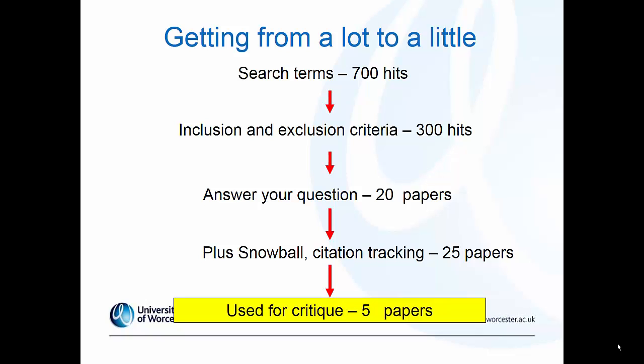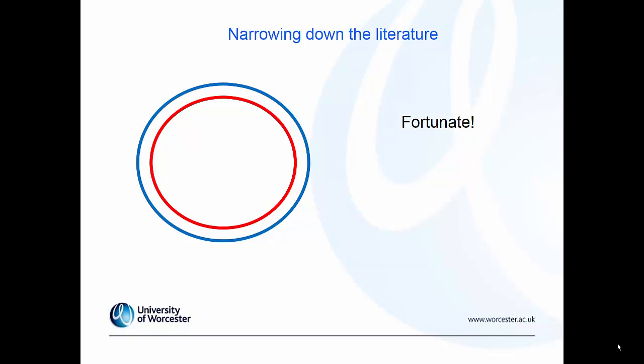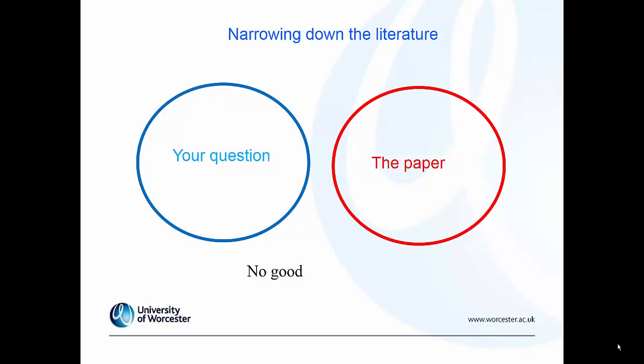We've got to get down to the 5 or 6 that you're going to review in detail. How do you go about doing that? Well, the first thing to do is just check that the papers do answer the question that you're addressing. Often they will, it'll be obvious, but this actually can be more difficult than you might anticipate. Sometimes, though there is a common thread, the paper just doesn't answer the question.